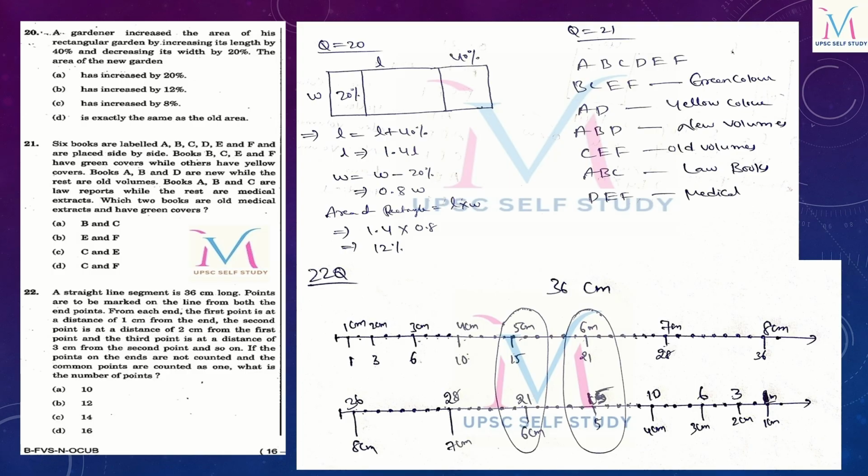So if you look at the line segment, there are 8 points in total. So 8 points will be coming for the 36 centimeters.